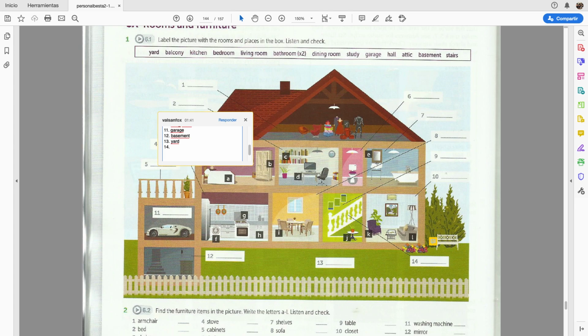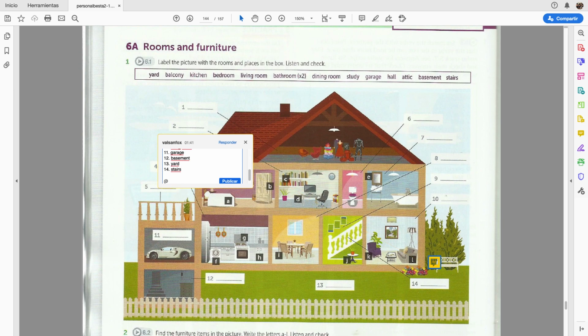So, if number 14 is the stairs, you call this one in number 9 the hall. That's number 9. The hall. This is like a corridor you have here in this place, and this part are the stairs.